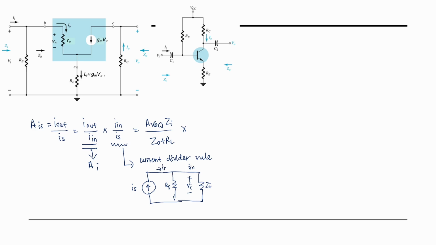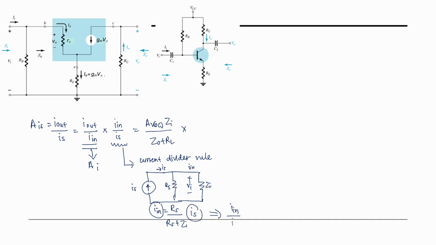Here, I in will be RS over RS plus Z in multiplied by the value of IS. We want to find the relation of I in with our IS, so we can rearrange the equation.